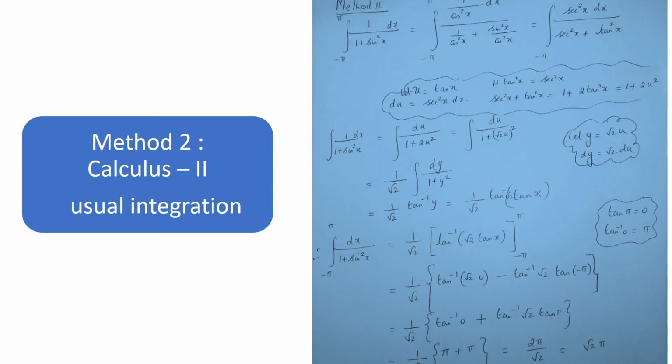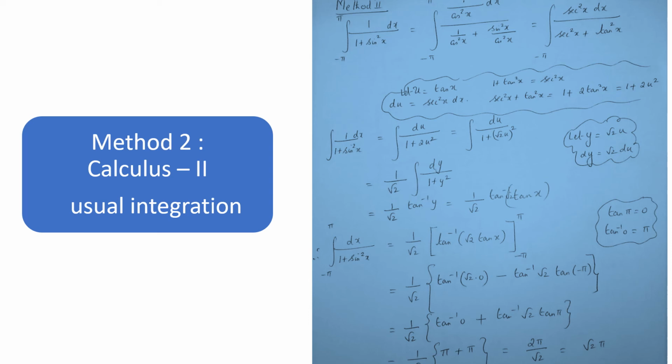We know that 1 by cosine is secant, so it is secant squared x. Sine by cosine is tan, so it is tan squared. We also know the identity 1 plus tan squared is secant squared x. So the denominator becomes secant squared x plus tan squared, which is 1 plus 2 tan squared x. If we take a substitution u equal to tan x, your du becomes secant squared x dx.